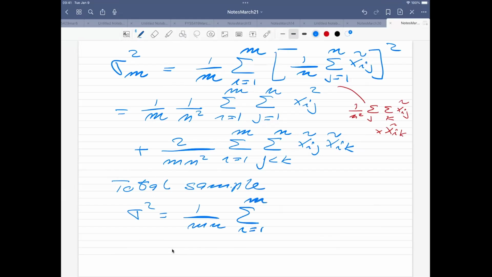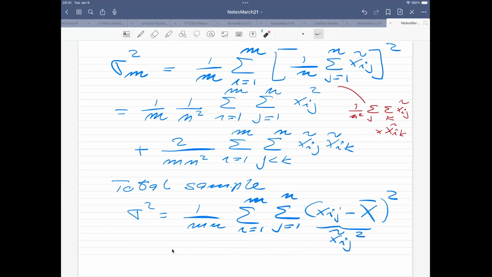I'm just taking the plain expression for the variance. And then I have x_ij minus this x squared. And this quantity here is simply my x_ij tilde squared. And you see now that I can identify one of these terms, except for the factor 1 over n, with what is called the total sample variance.